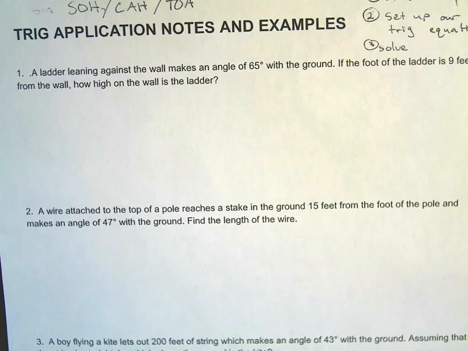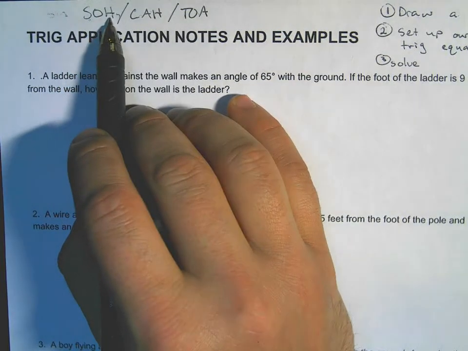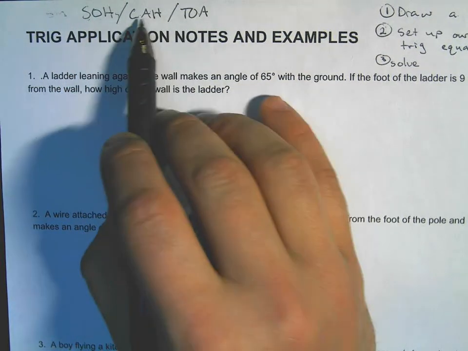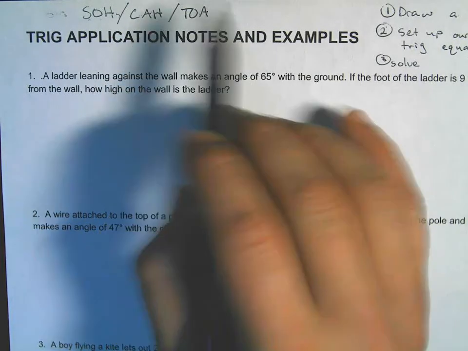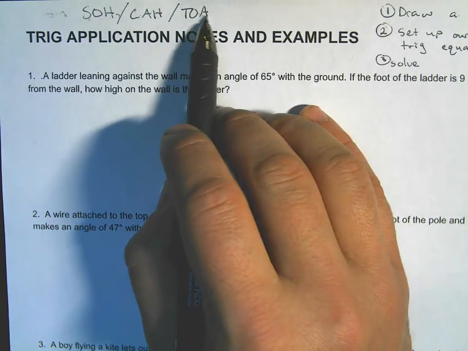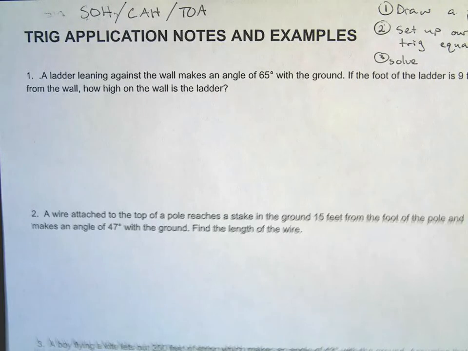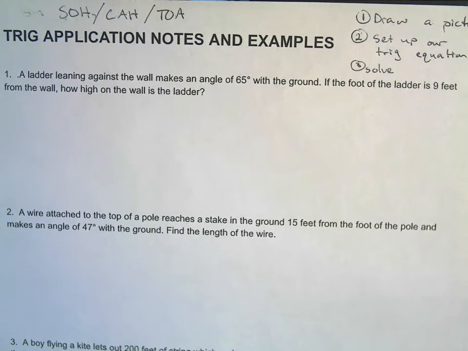A quick refresher: SOH states that sine is equal to opposite over hypotenuse. CAH stands for cosine is equal to adjacent over hypotenuse. And TOA is tangent is equal to opposite over adjacent. Okay, so let's dive in and tackle these problems.